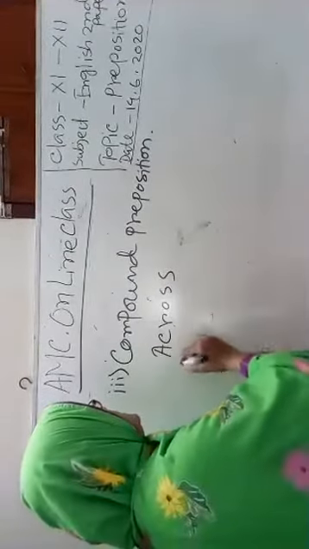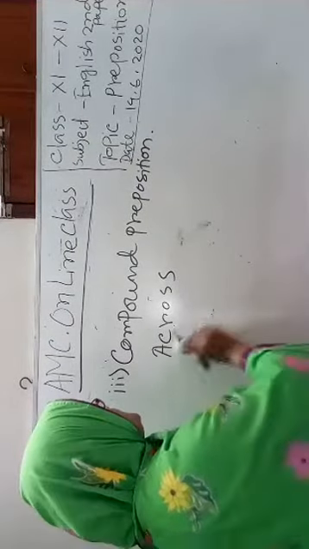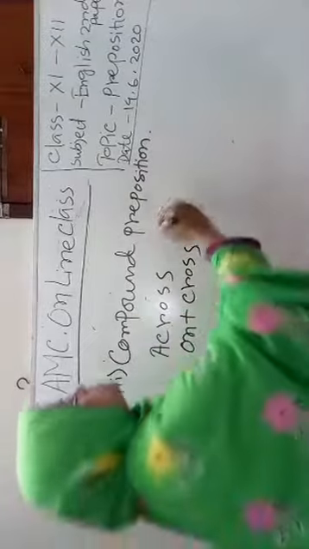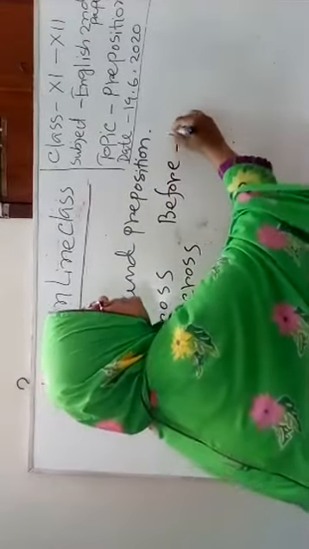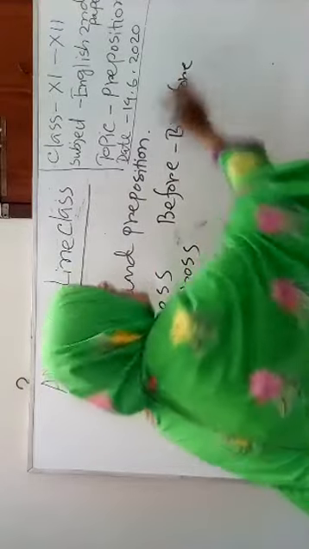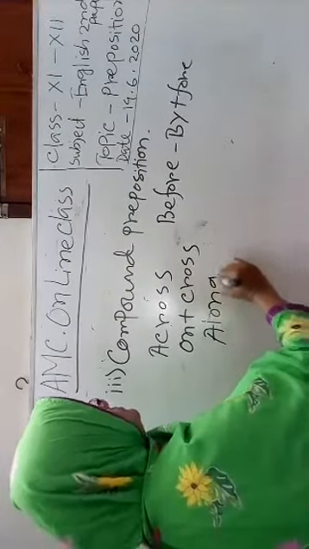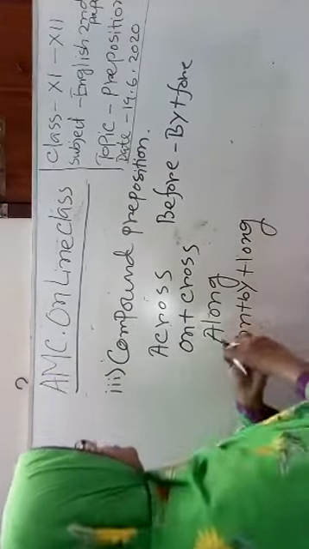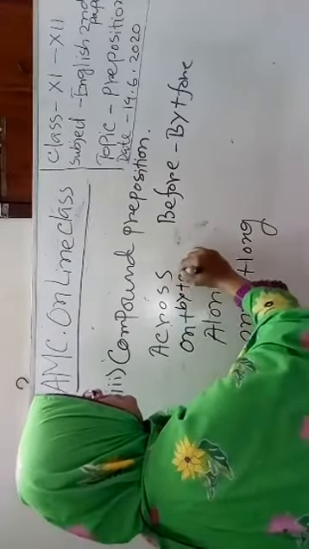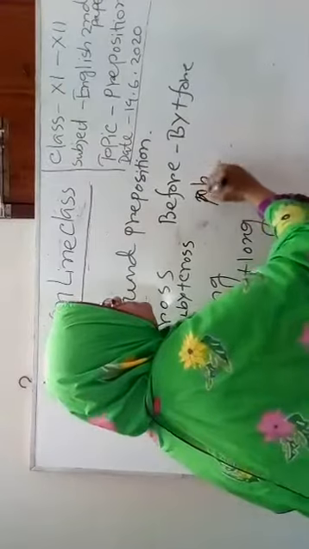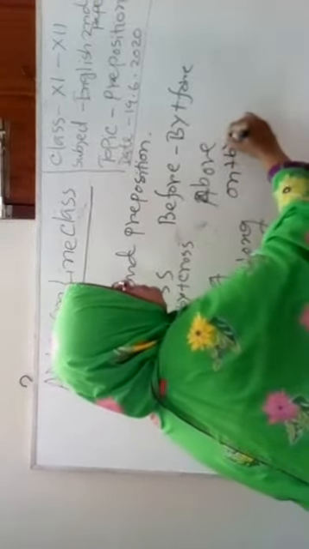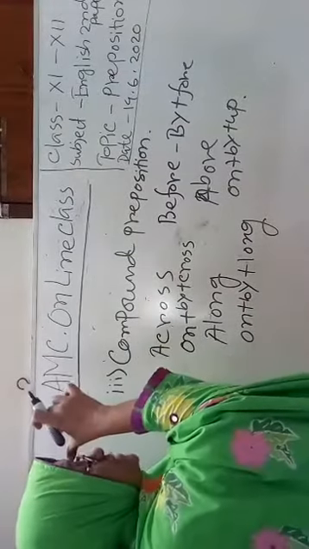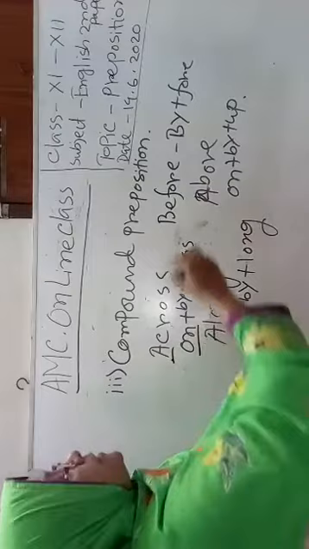across, along, above. Actually if we divide these compound prepositions, we see A for on and B for by.